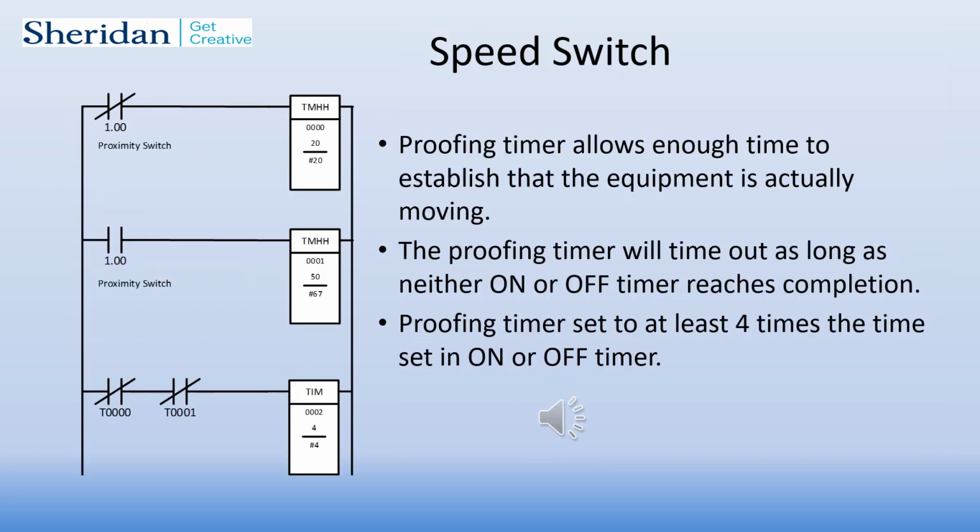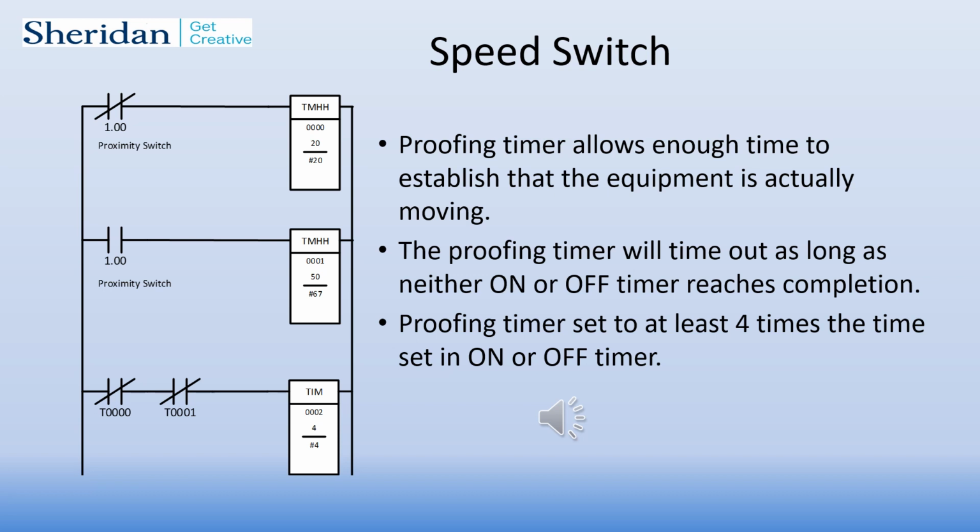The proofing timer allows enough time to actually prove that there is movement or motion, and that there is a constant change of on and off. And as long as the on and off timers never reach completion, the proofing timer will time out.